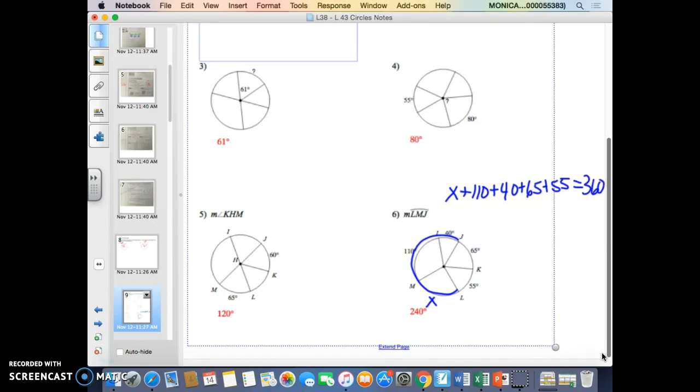So if you add that up and subtract from 360, you'll get what x is. And then when you add x plus 110 plus 40, you should get 240 degrees.